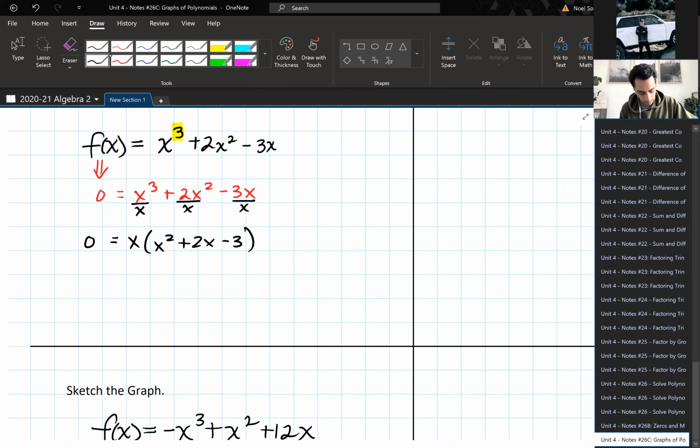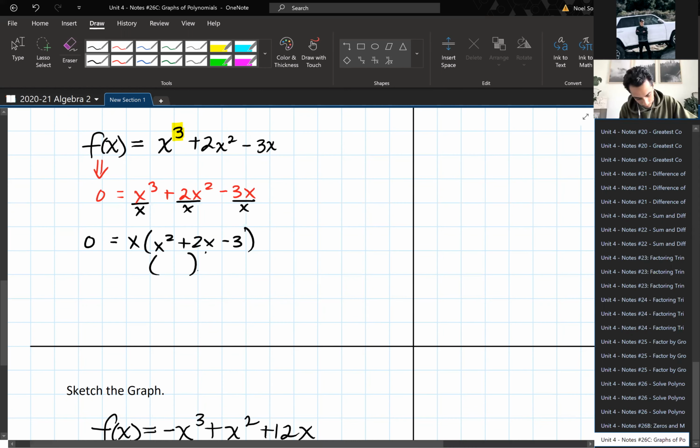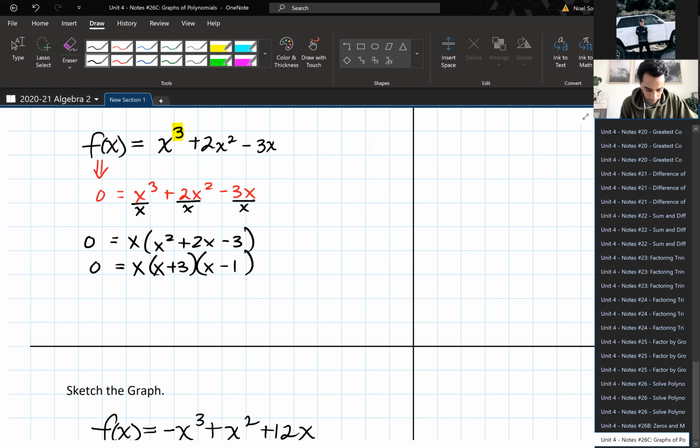Yeah, you want to factor that first. Okay, so this one should be fairly simple. The product of the numbers has to multiply to be -3, but add up to be +2. So this is likely going to be x plus 3, x minus 1 times x is equal to 0. All right, and you can double check my work just in case, but I think those are the correct factors.